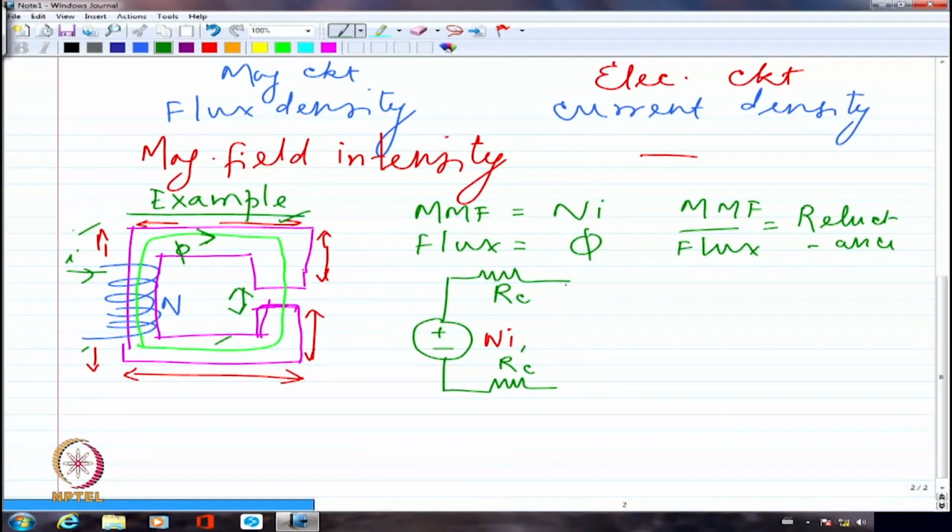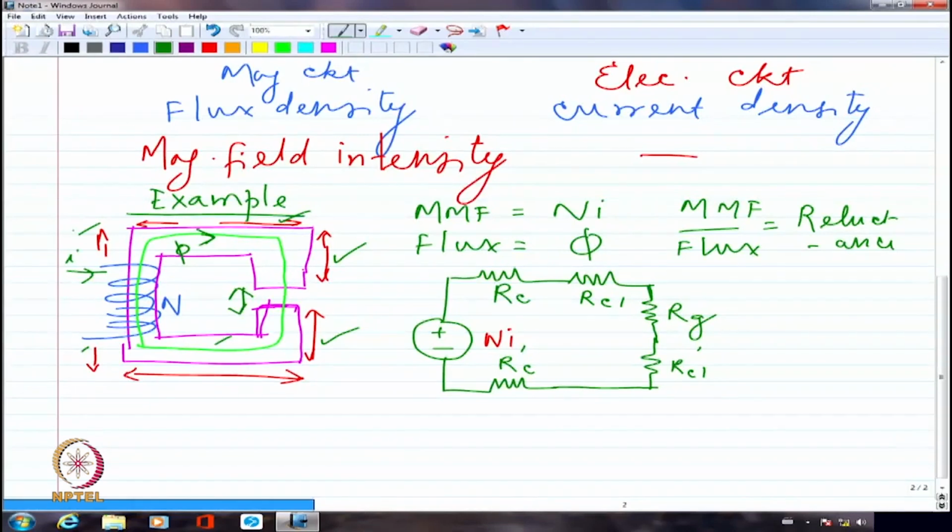Now I'm going to have maybe one more RC1 corresponding to this portion, and one more RC1 dash corresponding to this portion, for example. Right? Now, there is one more reluctance which is corresponding to the air gap, which I may call as RG. So, I have all these reluctances connected in series.